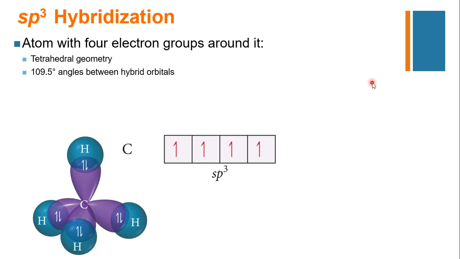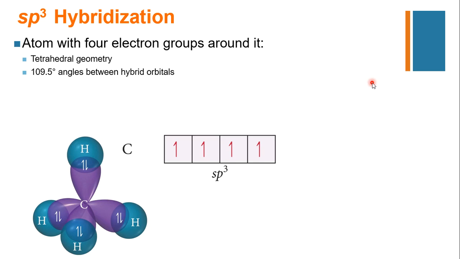And we'll see that tetrahedral geometry and the types of hybridization are very much related. Okay. So an atom with 4 electron groups around it has tetrahedral geometry. The name of this hybridization is called sp3. So this is one of the most logical names in all of chemistry.